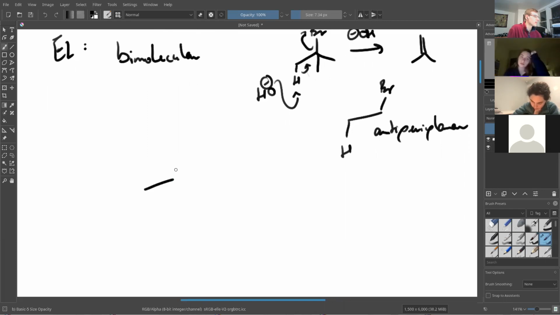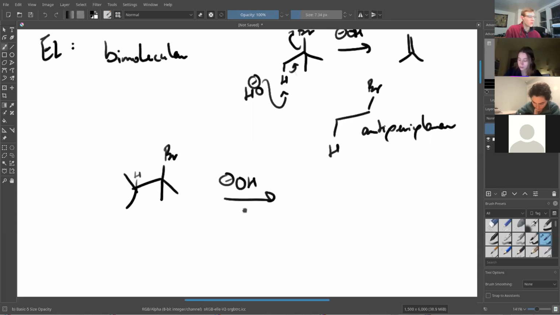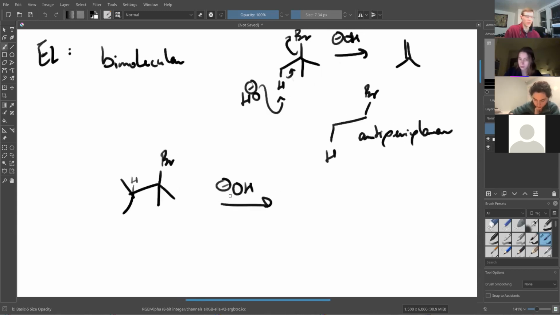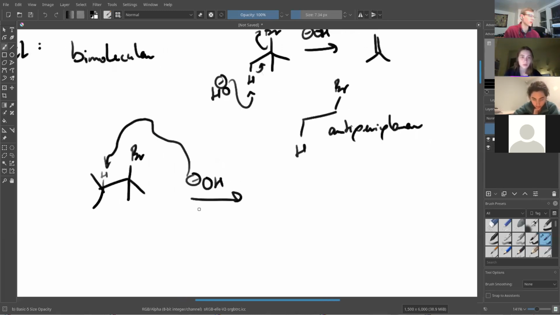We say a similar compound, except now over here we have something that looks like this, right? And there's a hydrogen over here. And so now if we give it an OH minus, this is a really small base, right? This is tiny, and it can fit in here. It can snake all along here, and it can get into there, right?